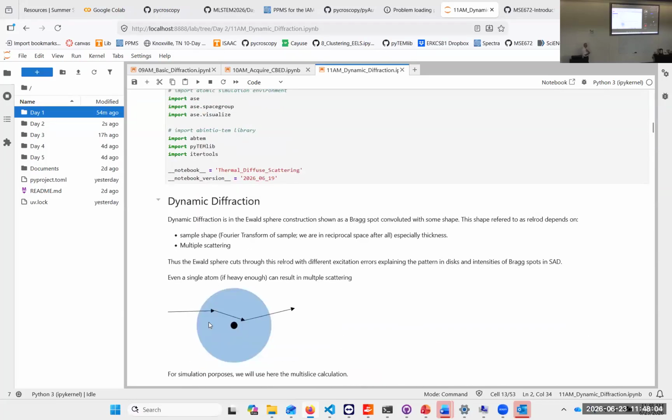It's really your friend if you do things with diffraction and simulation. All the different crystallography tools are included, and it's directly compatible with ABTEM.